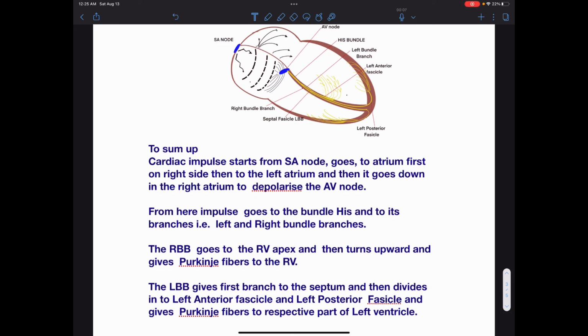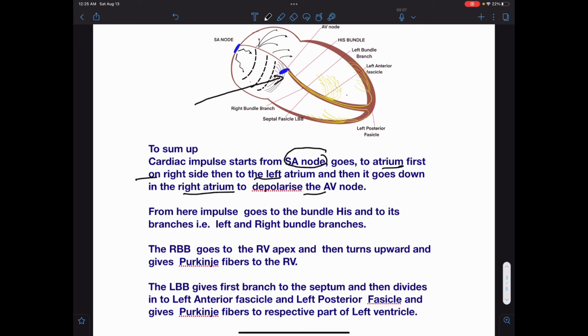Now, to sum up, cardiac impulse starts from SA node, goes to the atrium, first on the right side and then to the left side. Then it goes down into the right atrium to depolarize the AV node.